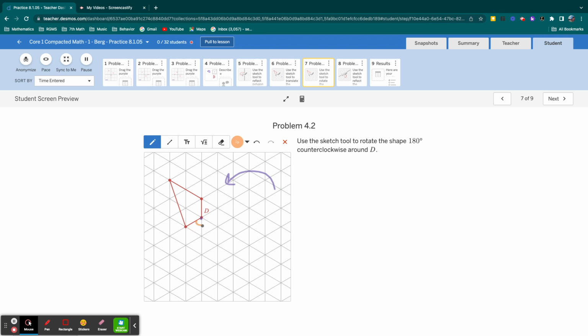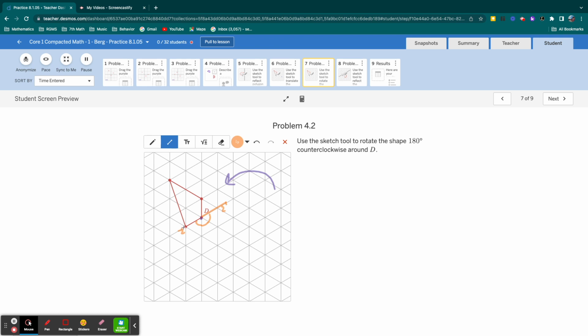So that's 60 degrees, 60 degrees more, and then 60 degrees more. So this point, which we'll call point Z, has to end up, if it's one space away here, Z prime, it's going to be here. So I'm going to draw it right there.